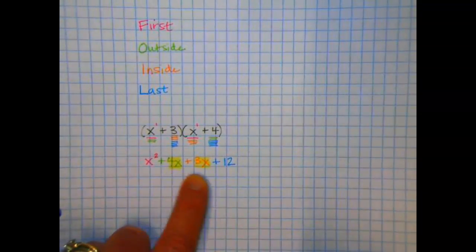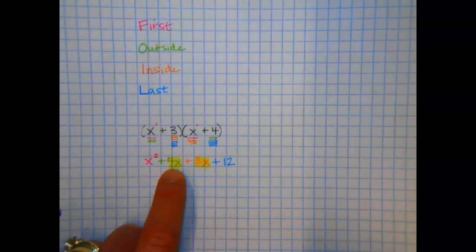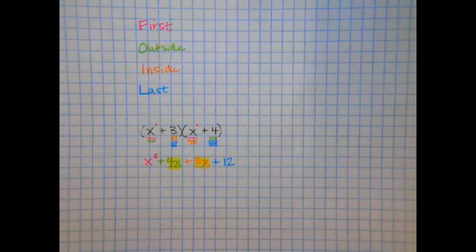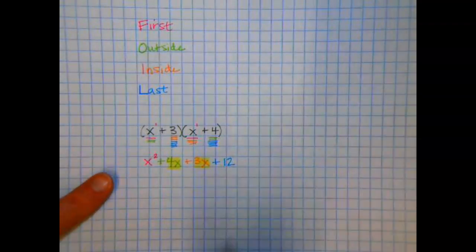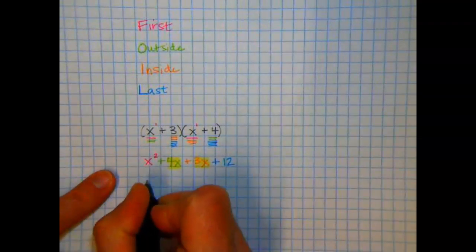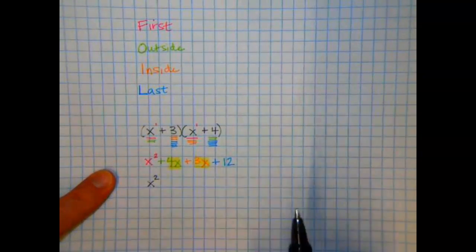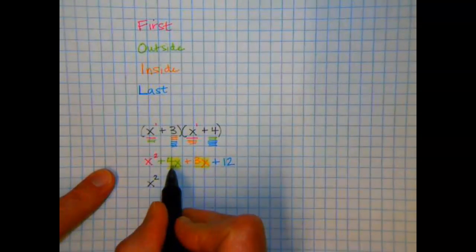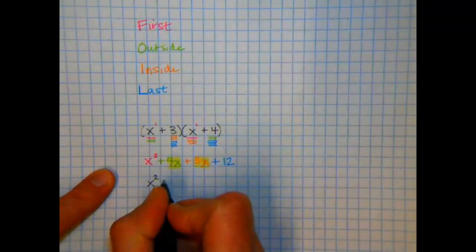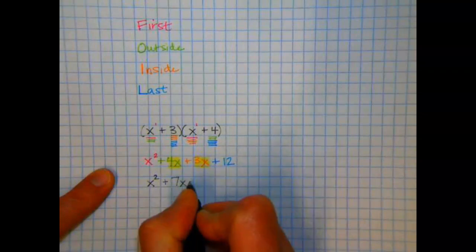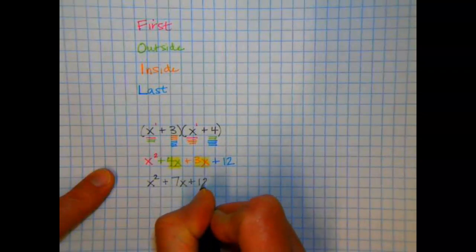But the 4x and the 3x are like each other, and I can combine those. I have 4 x's and 3 x's, so together I have 7x's. I'm just going to carry the x squared down because it doesn't change. The 4x and the 3x combine to make 7x, and the 12 doesn't change either.